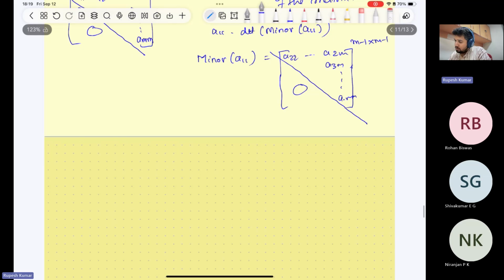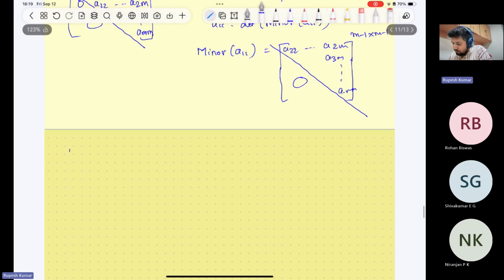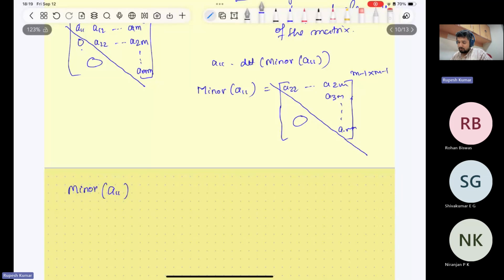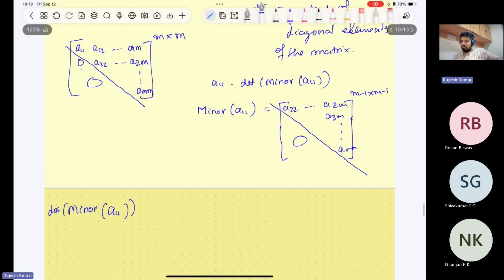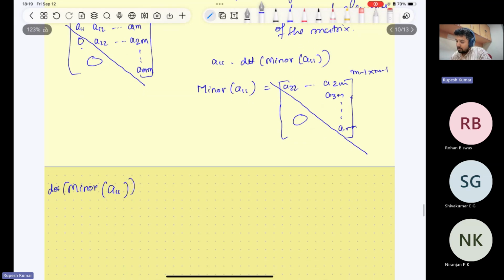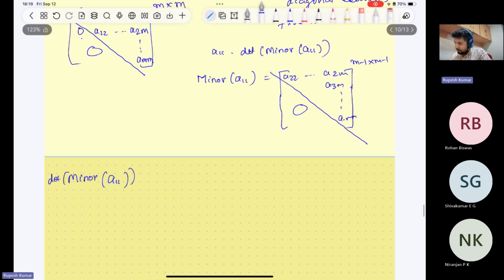Fine. So we were dealing with minor of A11. So now when you keep repeating this, right? Basically I was trying to find the determinant of minor of A11 so that I can figure out that component of determinant related to minor of A11. Now again, you get some matrix of dimension m minus 1 cross m minus 1.